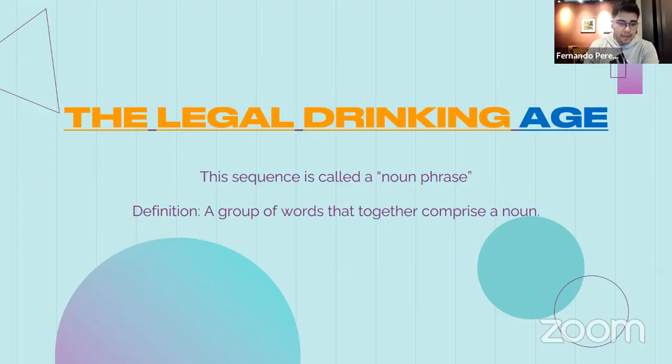Perfect. So let's see what happens with noun phrases and ing. Let's use some terminology in English. For example, I'm going to show you a news article.